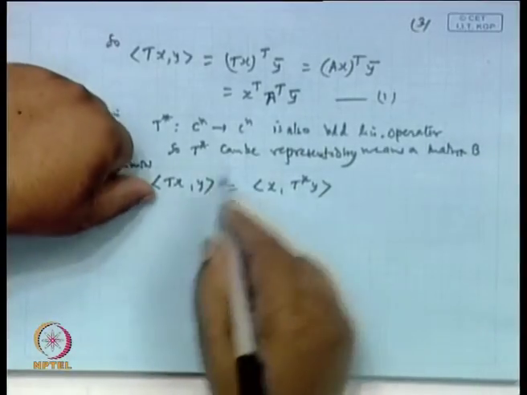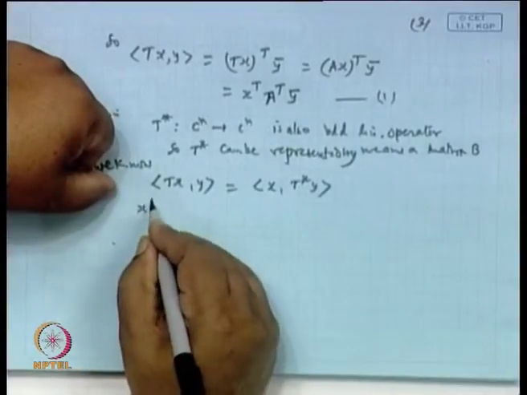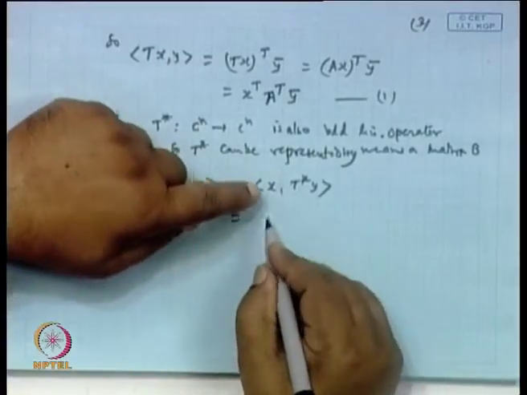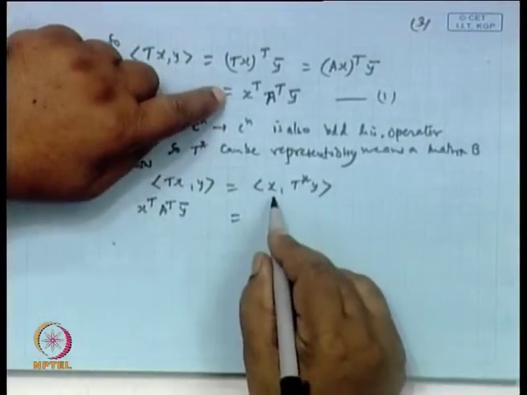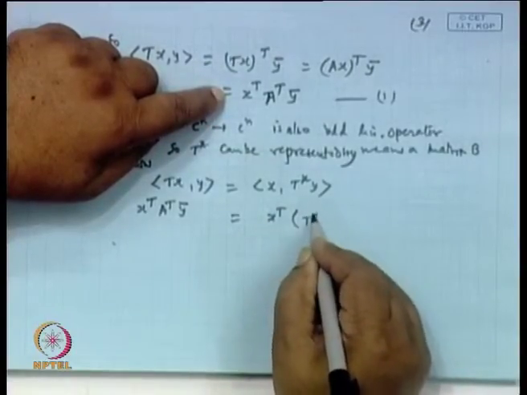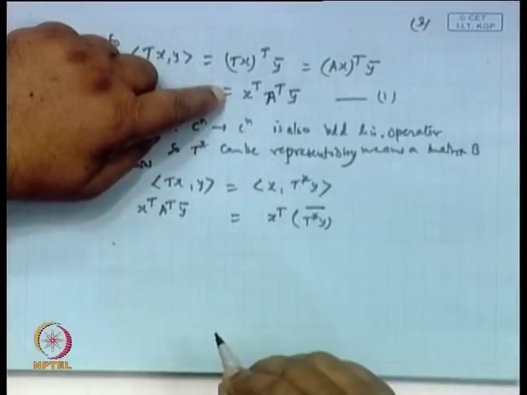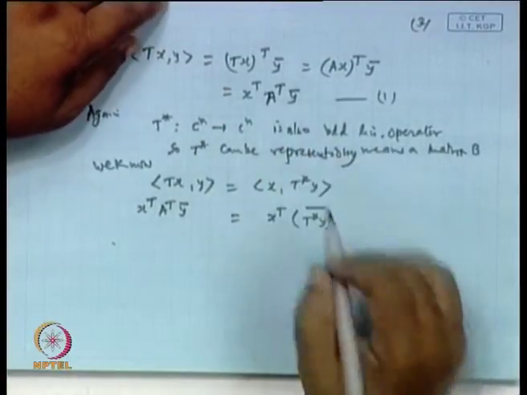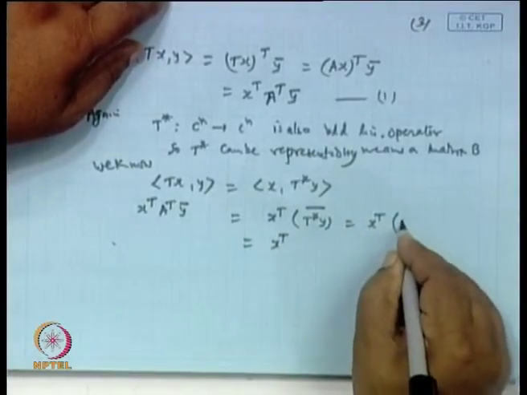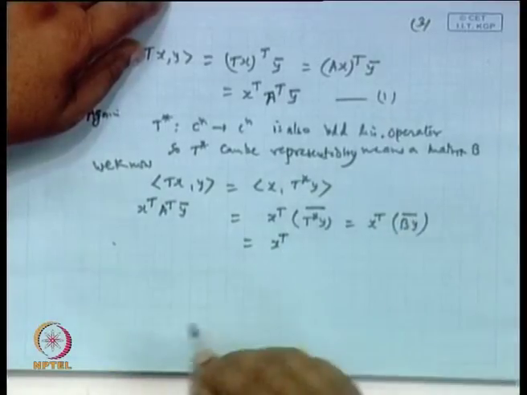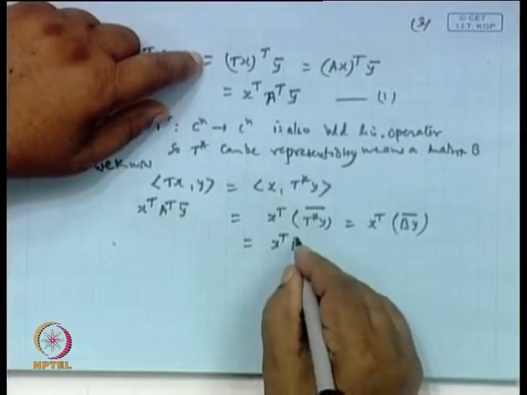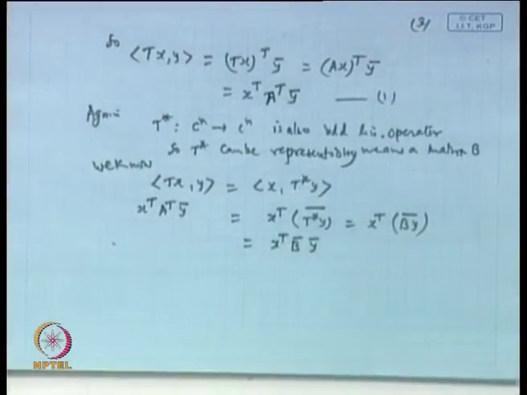Now the inner product of Tx and y we have already defined as x transpose A transpose y bar, and here this will be x transpose into T star y conjugate by definition. But x transpose T star y conjugate is x transpose B y conjugate, because T star is defined by a matrix B. So it will be equal to x transpose B bar y bar.